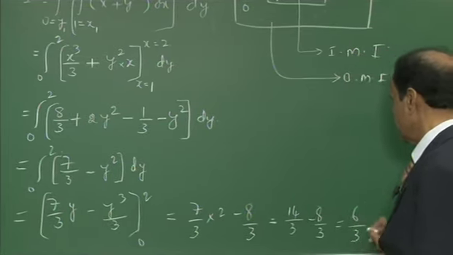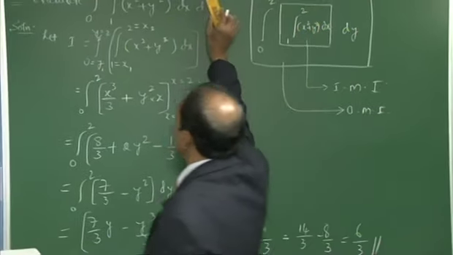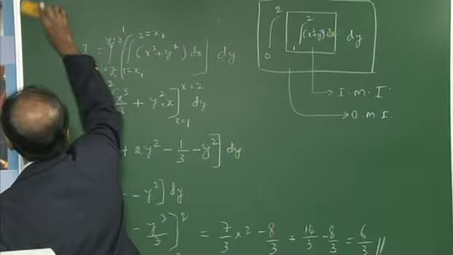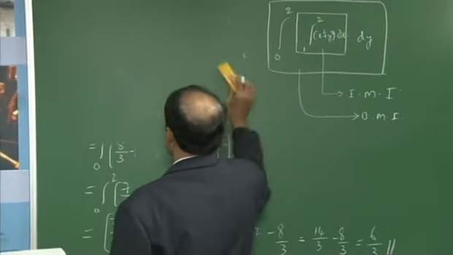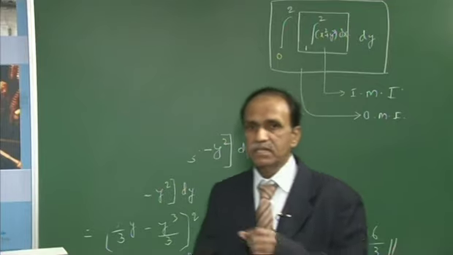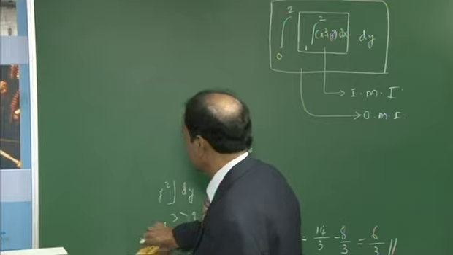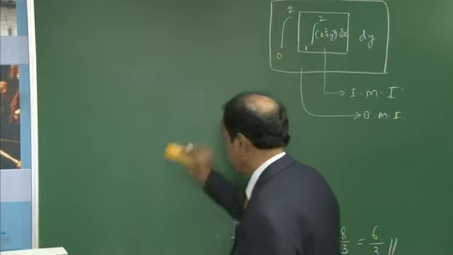Therefore, 6 by 3 is the answer. If you choose the same double integral in another order, your answer will be obtained according to those selected limits.